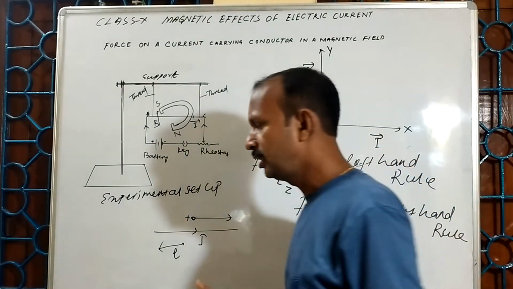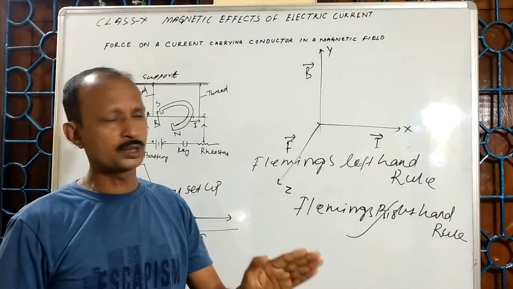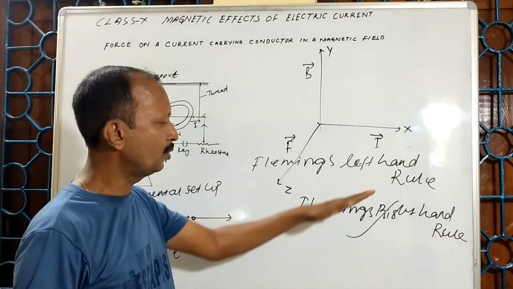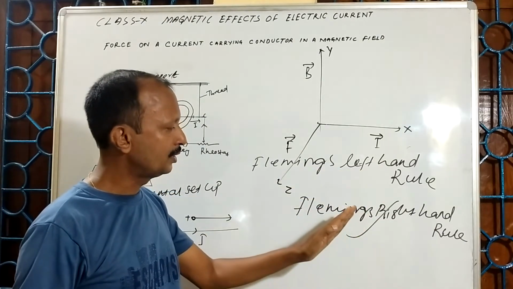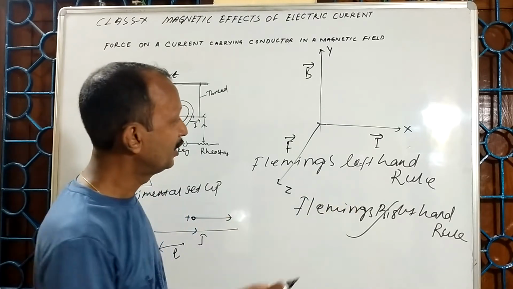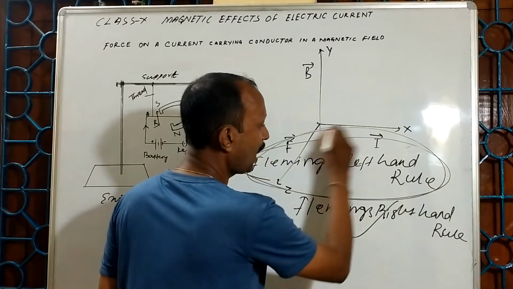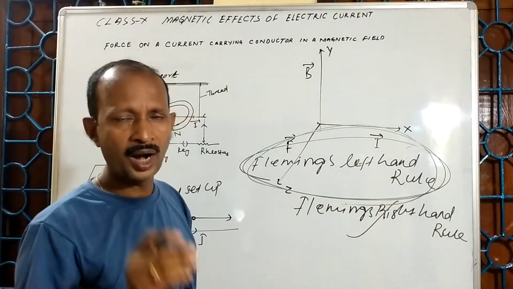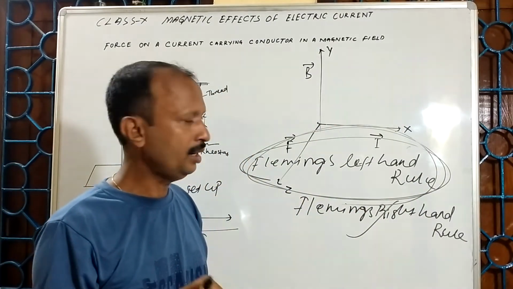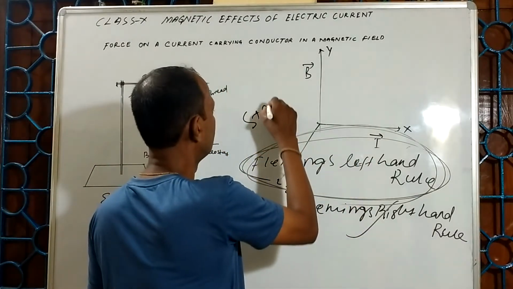I hope that you might have understood the direction of the force by Fleming's left hand rule or by Fleming's right hand rule. But Fleming's left hand rule is the standard law we can use.